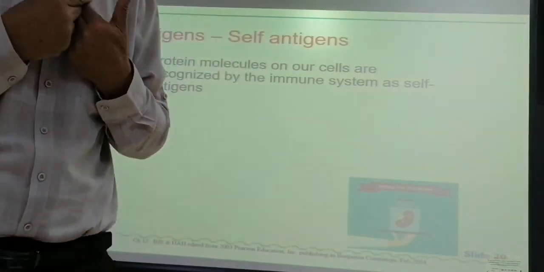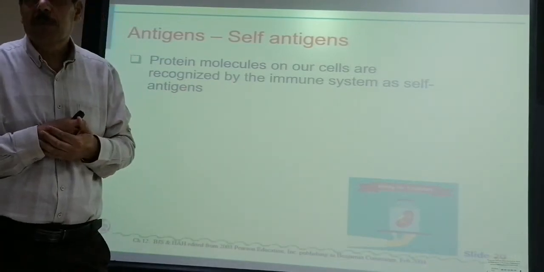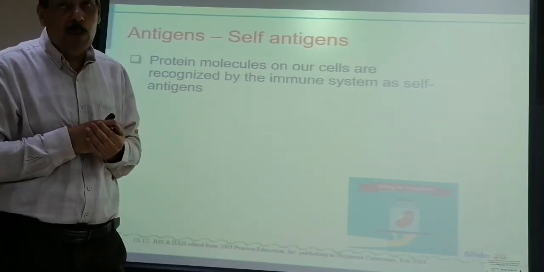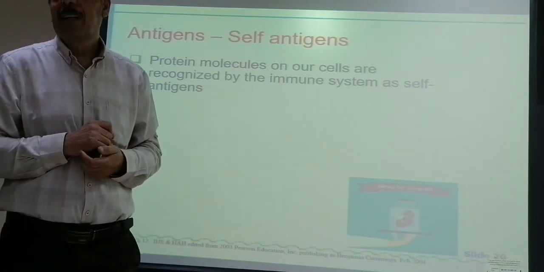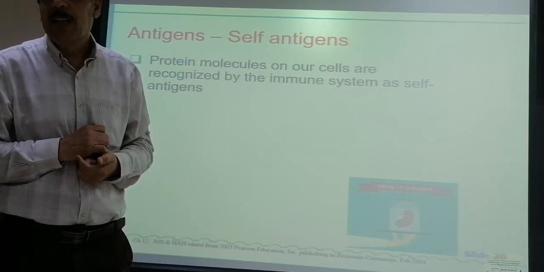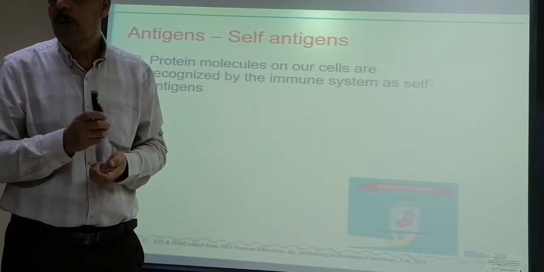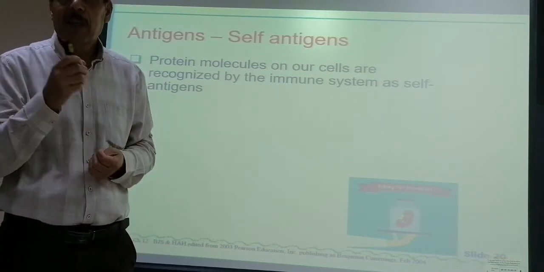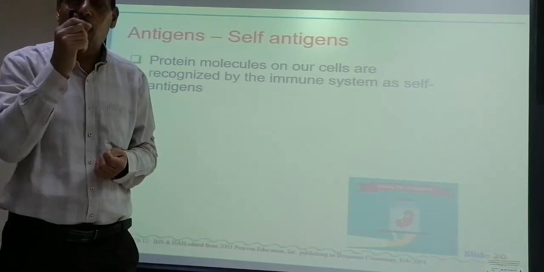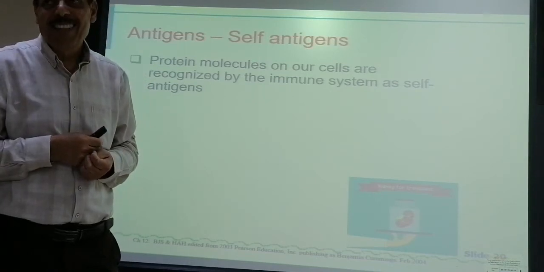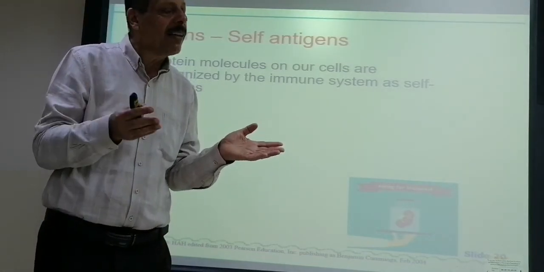If we have a problem with our immune system, sometimes it will start to produce antibodies against our own proteins. In this case, it is called autoimmune disease, when our immune system attacks our own cells or our own antigen. But normally, this will not happen.